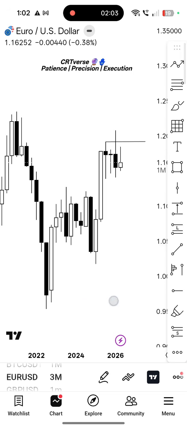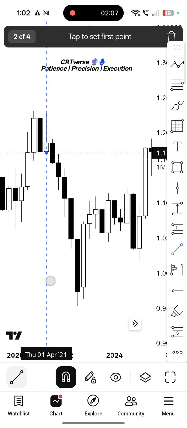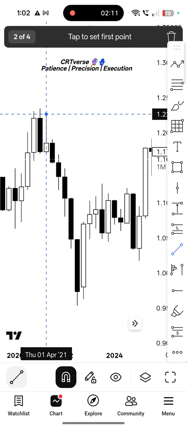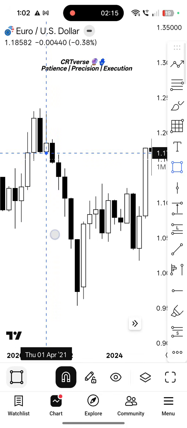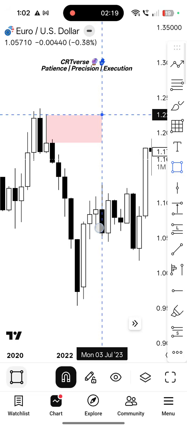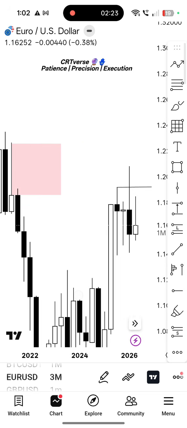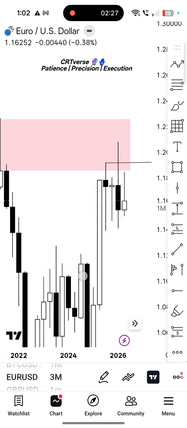Let me choose the rejection block because the order block and the rejection block are close together, so it would not be a problem since both are together. If you want to choose the order block, definitely you can. As I said earlier, they are both grouped together.